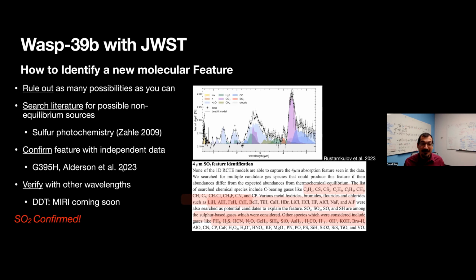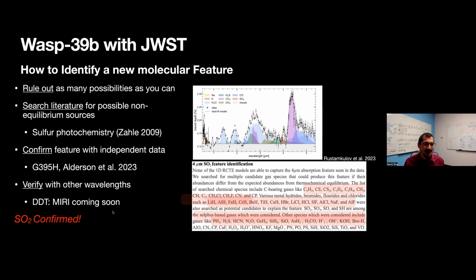We also want to confirm your feature is real, because this is a little bump and you don't know if it could be systematic. So we also have the G395H data, which sees the bump too. You want to verify this with other wavelengths. There's a large feature in the infrared with MIRI, so that data we got, and that's coming soon.